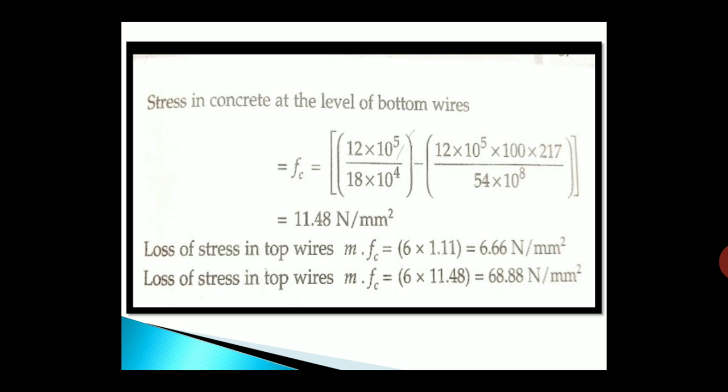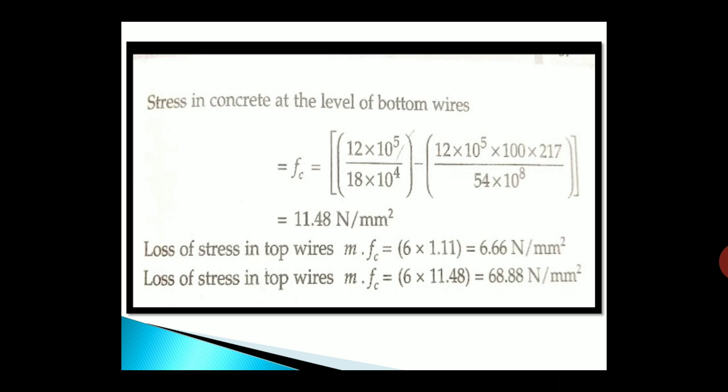Therefore, how do we get the loss? We get the loss by multiplying these stresses with the modular ratio, which is given as 6. Therefore, loss of stress at the top is equal to m into Fc, or the term sigma C is used instead of Fc; alpha C is used instead of m in some textbooks which you might refer. Therefore, the loss is equal to 6 into 1.11, which was the stress at top level.